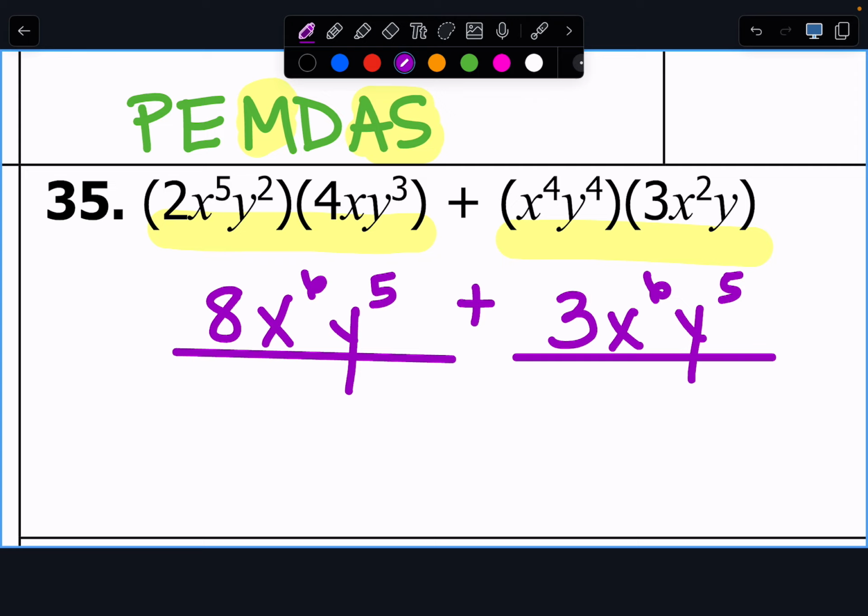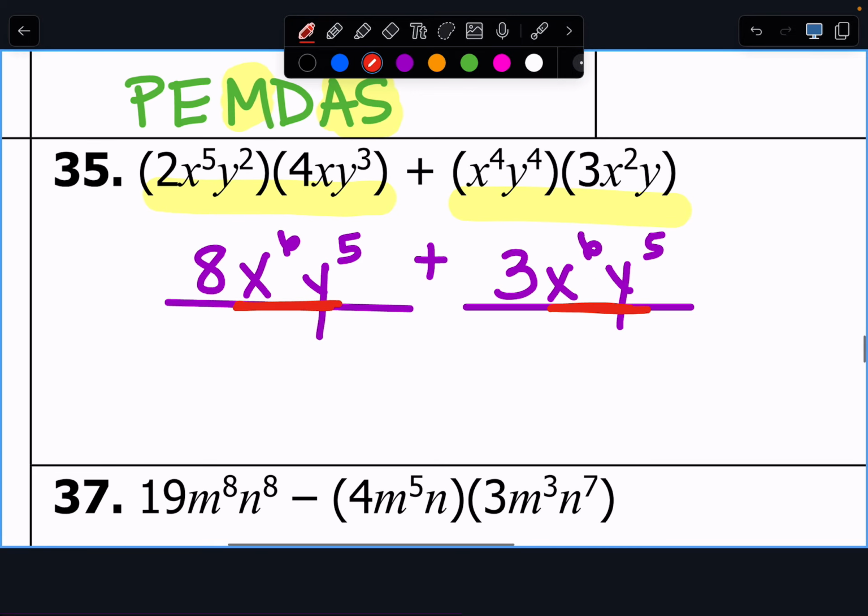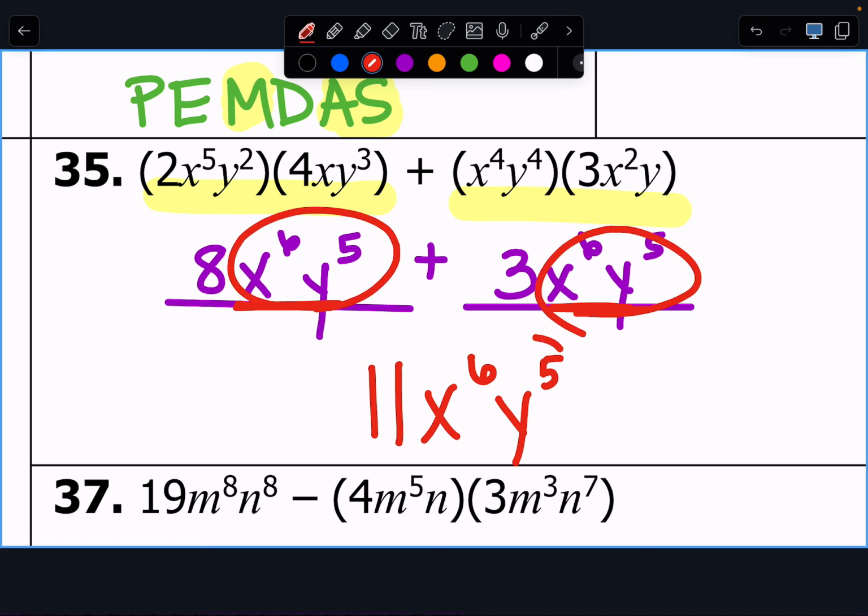Do we have like terms? It's crazy. We have like terms. Since these are alike, we can add these together to be 11 x to the 6th, y to the 5th. Remember, when we add, we have like terms that stay like terms.